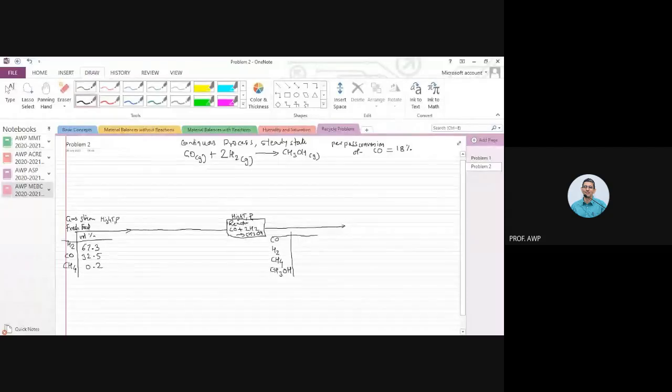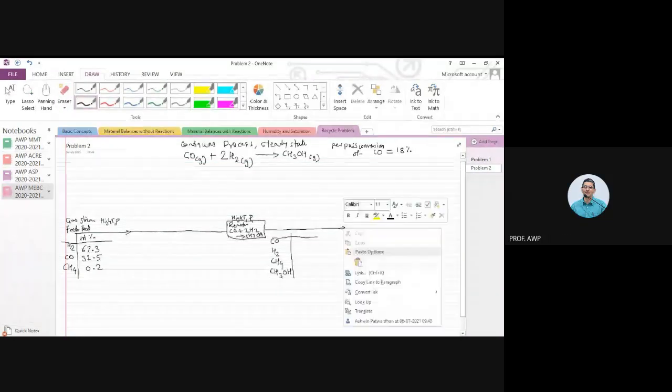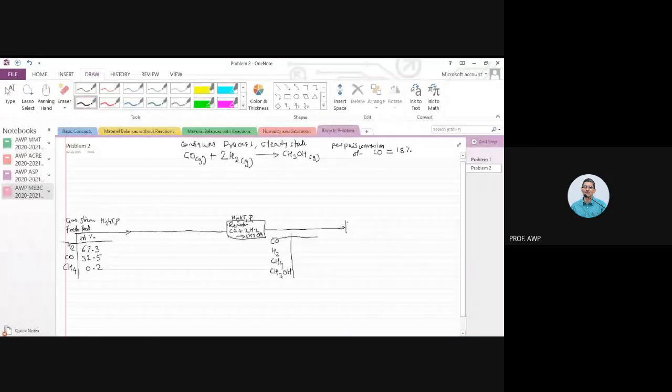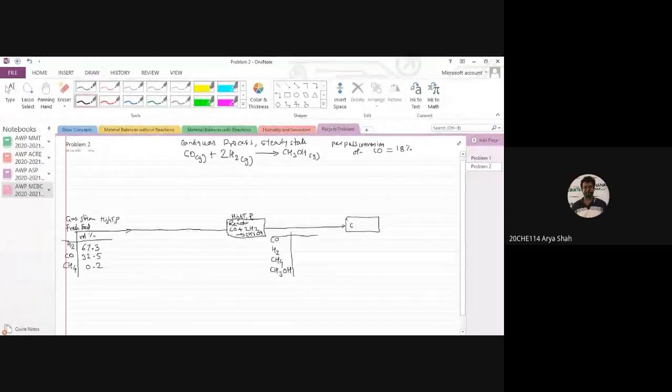How do you think we will separate the methanol from the carbon monoxide, hydrogen, and methane? Cooling down. Right, so we will cool down. What will happen to the methanol? Liquefies. Correct. Methanol liquefies.